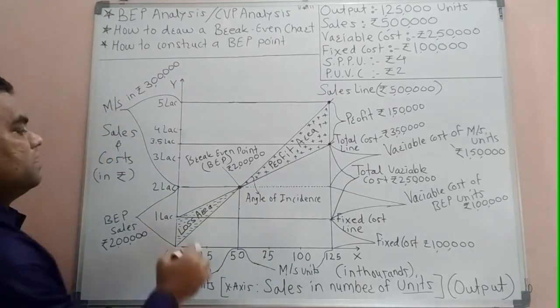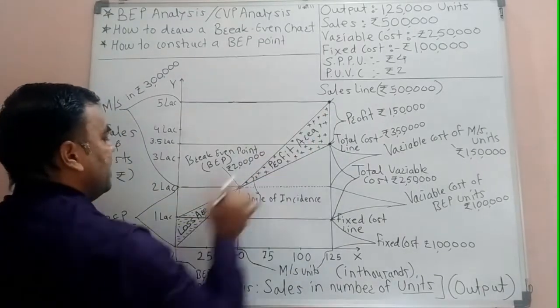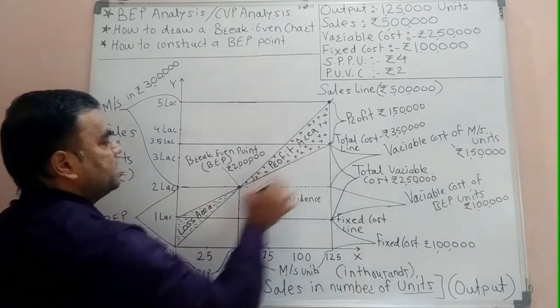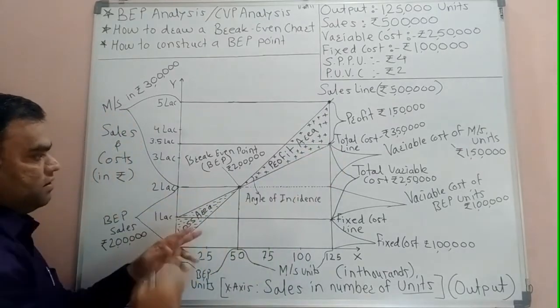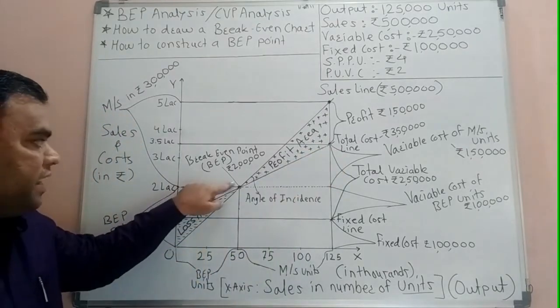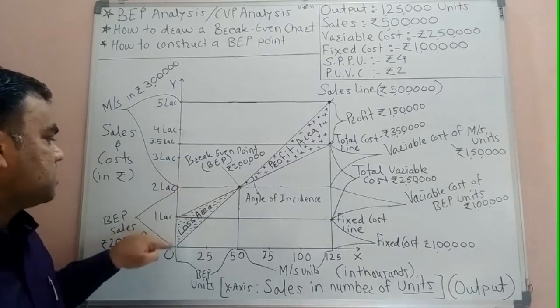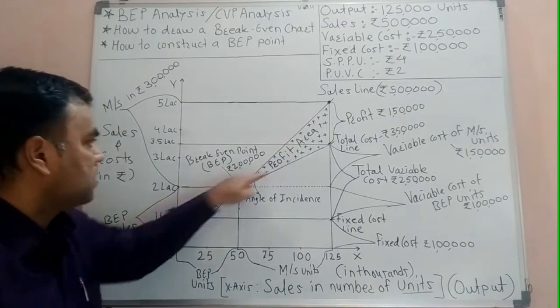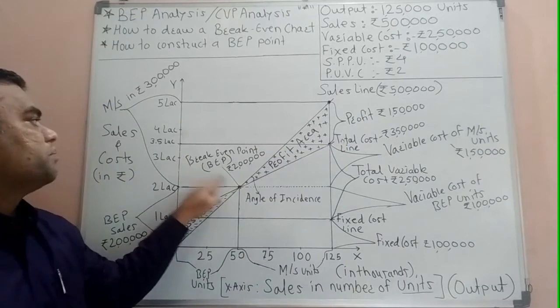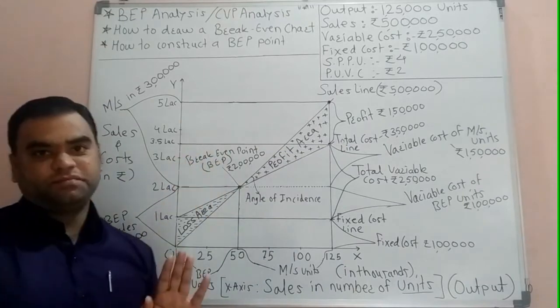You can see this is our sales line and this is our total cost line. These are intersecting each other. The point created by the intersection of the sales line and the total cost line is called the break even point.